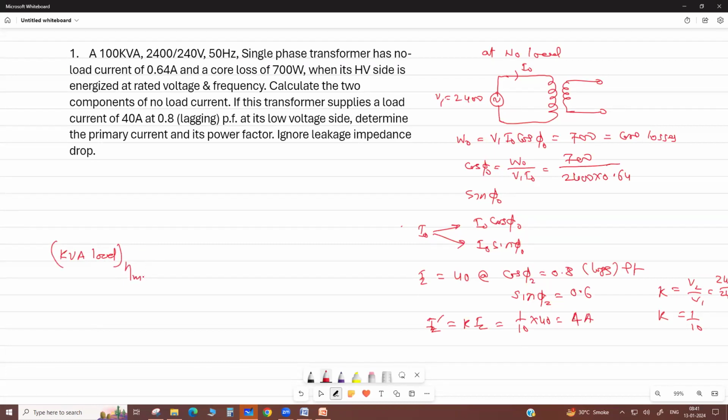Okay, the kVA load at maximum efficiency equals the rated kVA into the square root of the ratio of full load iron loss and full load copper loss. If you know the full load copper loss, it's called copper loss, but it is a full load copper loss. Okay, full load loss. Rated kVA into this ratio.